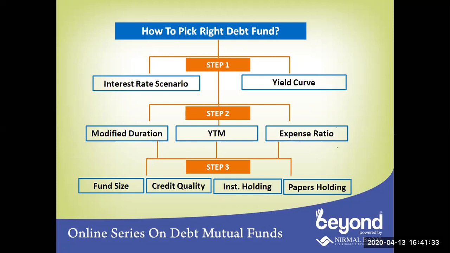So how to pick the right debt funds? The first step which we evaluate is on the macro side: what is the interest rate scenario and what is the yield curve?